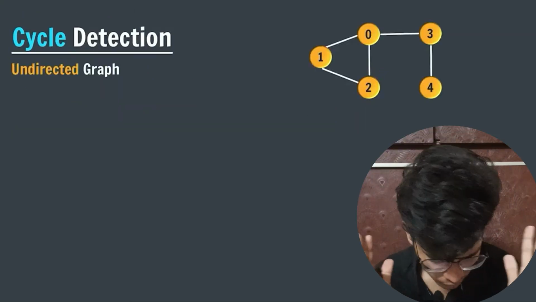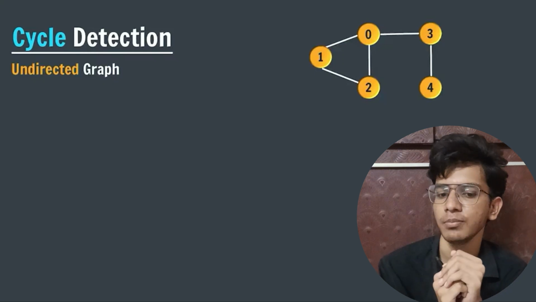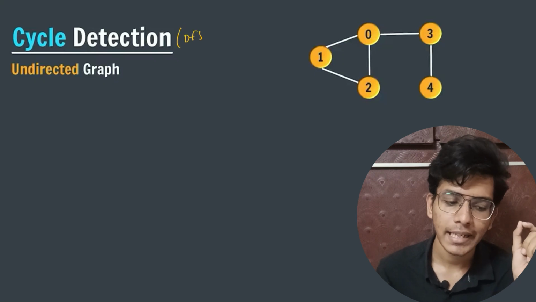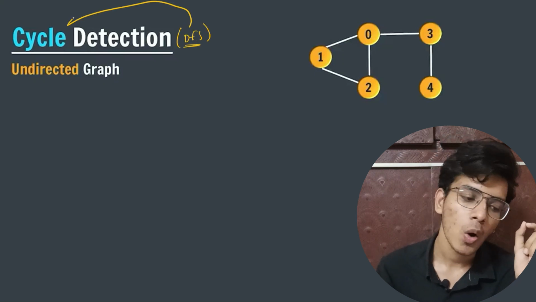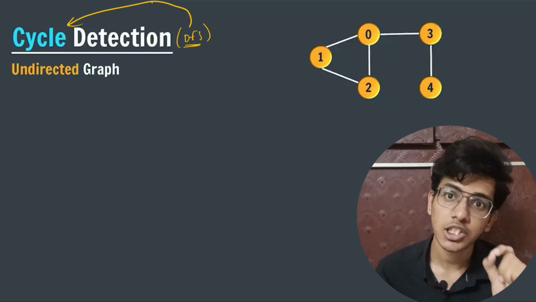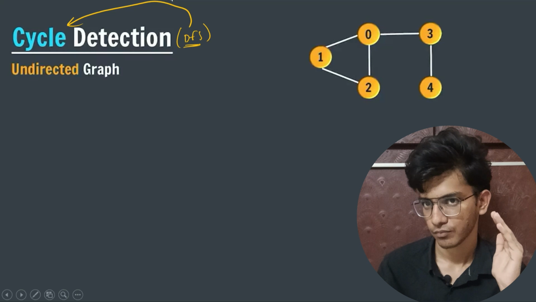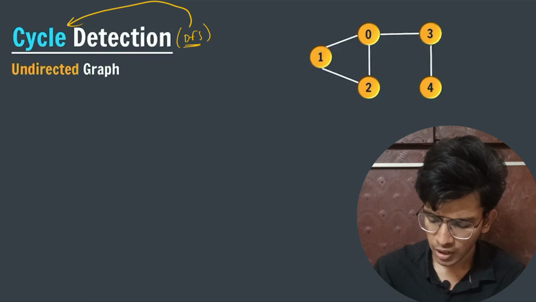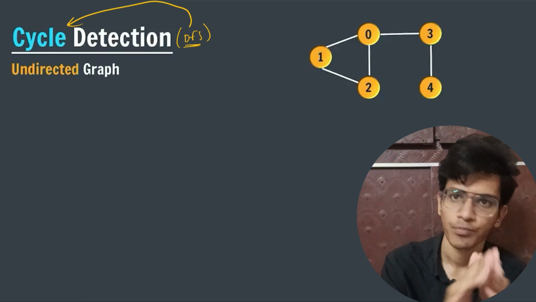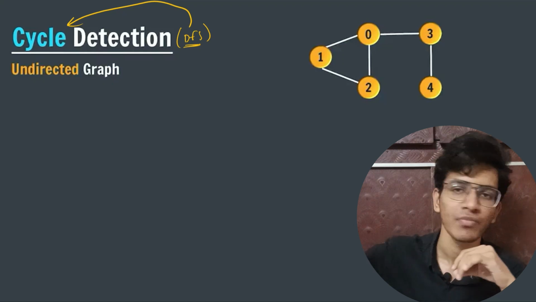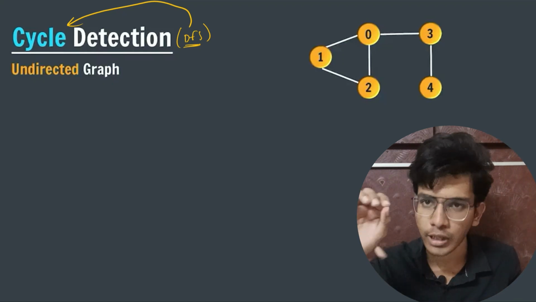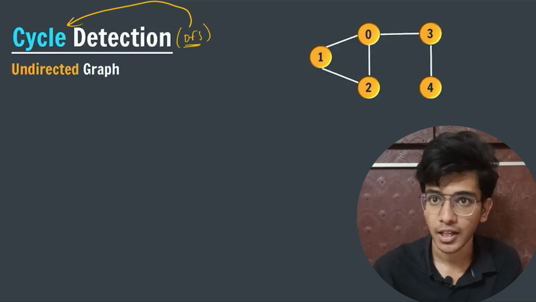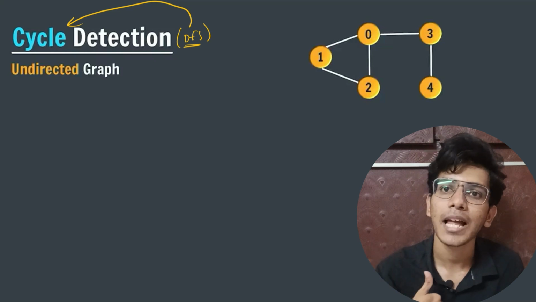Now let us talk about how we apply our DFS algorithm in the given graph, and using this DFS, how I can tell whether a cycle exists in my graph or not. To understand that, the first thing you need to understand is that whatever DFS algorithm I have written, I will use the same concept. I will copy that code and paste it here. But along with the previous code, I will apply my own logic.